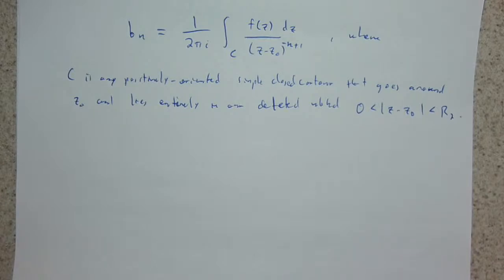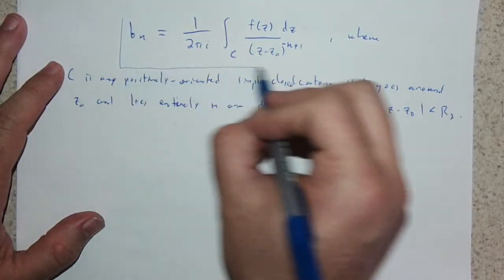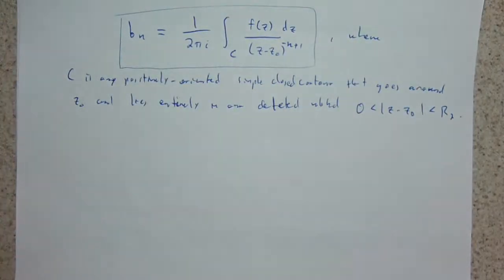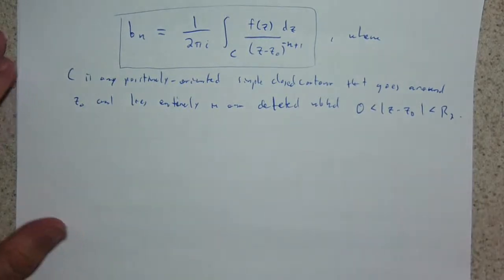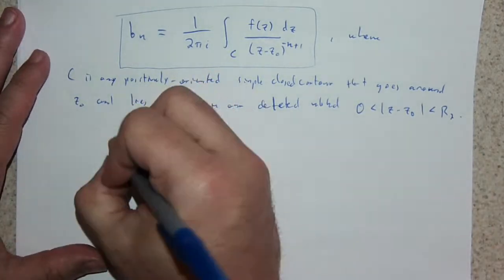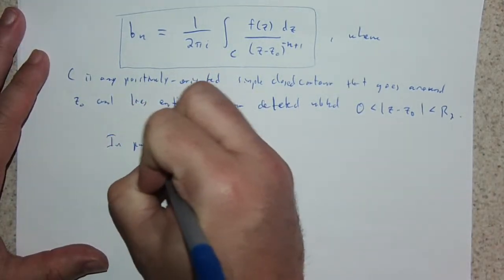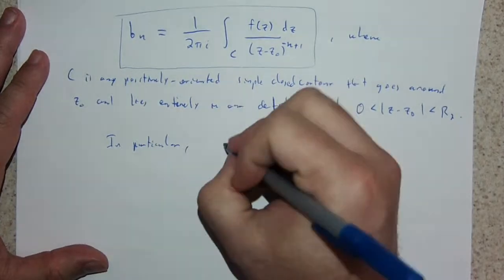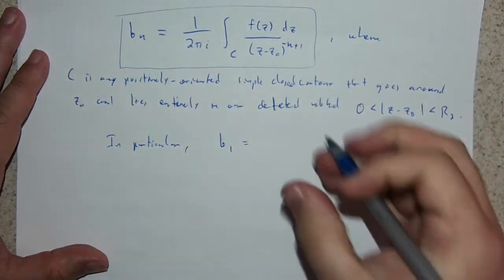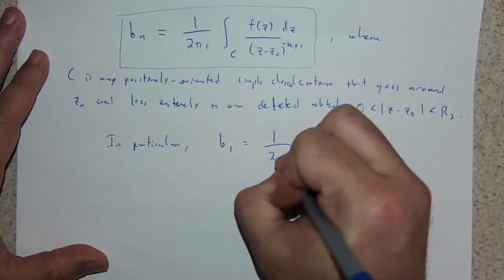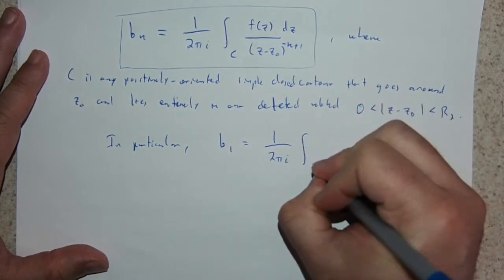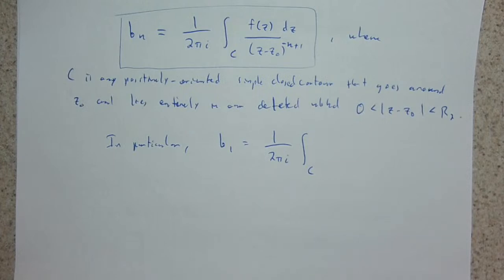And so, in particular, right, if I let, for instance, n equal 1, then what do I get here? Well, in particular, b sub 1 is 1 over 2 pi i times the integral over such a C of what?